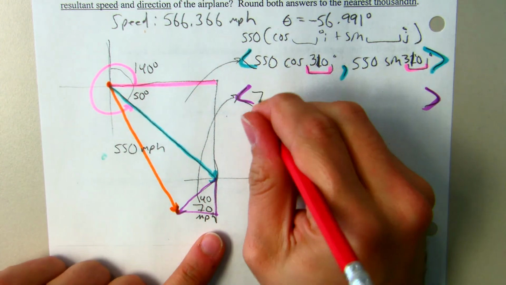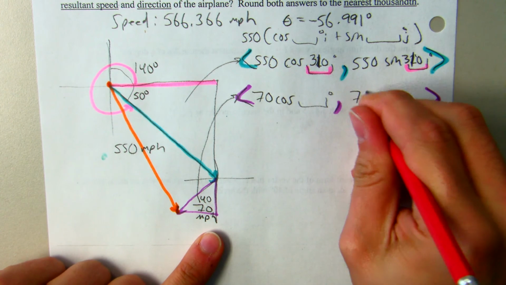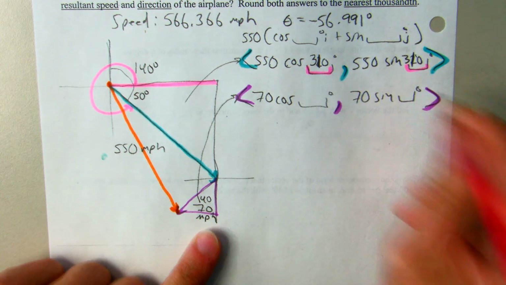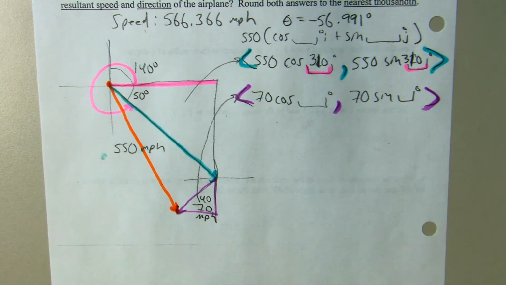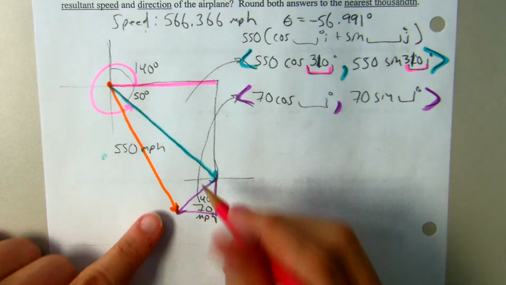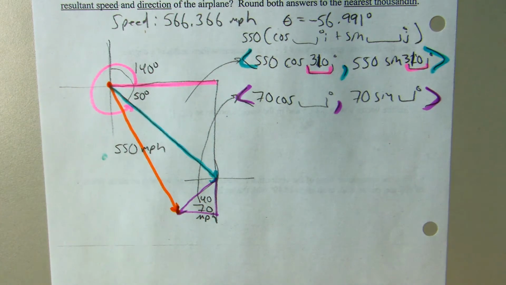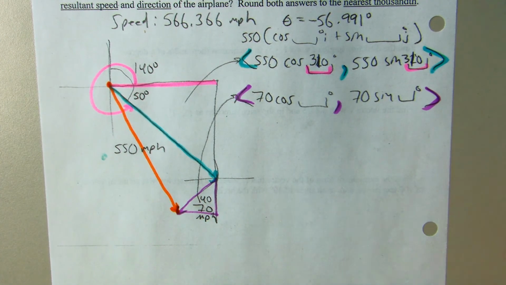I'm going to just distribute 70 cosine of some angle and 70 sine of the same angle, and same thing. Plug in 40 if you want, but don't plug in 40 if you want the right answer. 40 degrees would be you telling it from quadrant 1, which would be right and up. This is going left and down. I'm sending it the wrong way. You can't ask your calculator to give you the right answer if you don't have the right information.